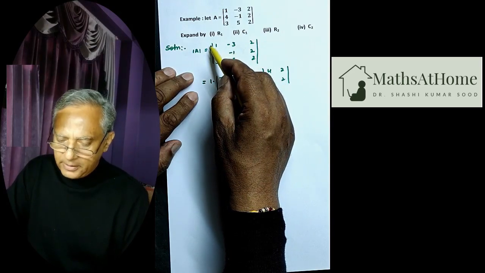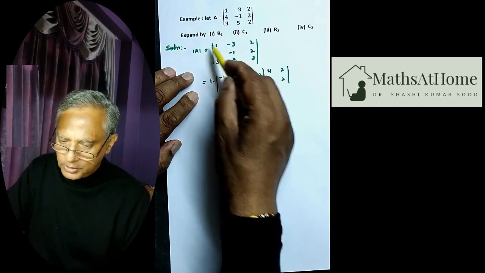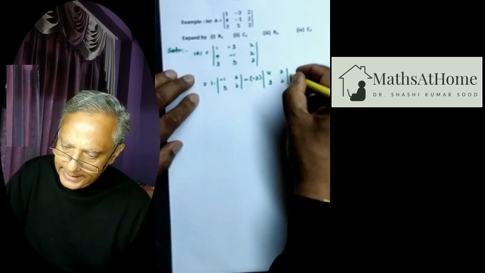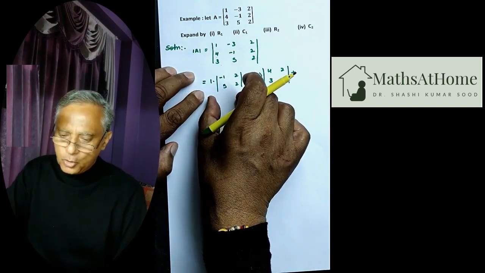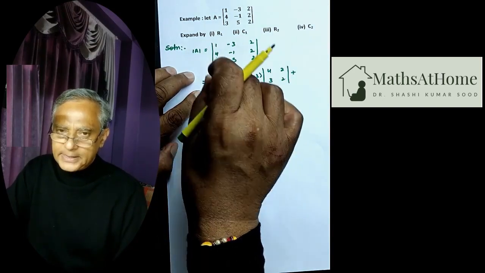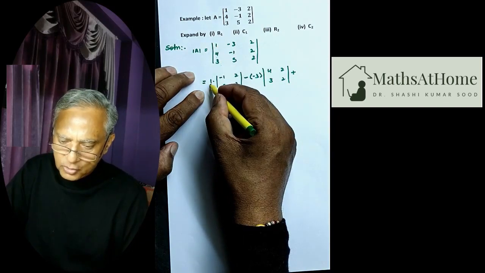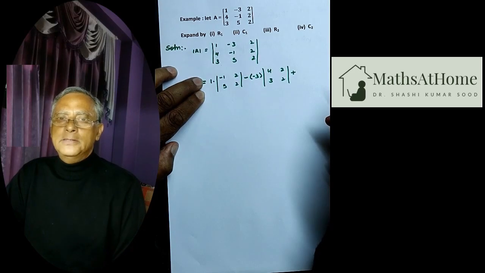We multiply this entry by its cofactor. The cofactor will be obtained by deleting the row and column in which the entry occurs. So these two will be gone. We are left with 4, 2, 3, 2. And next will be plus. As I told you earlier, you should be cautious while finding the sign of the first entry. This is the 1,1 place, so this is positive, and the rest will alternate, negative and positive.